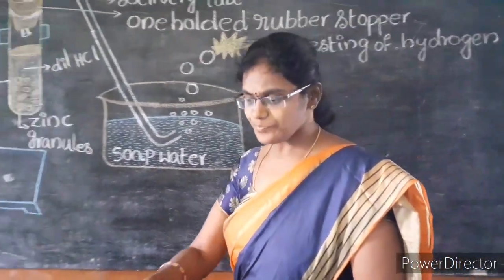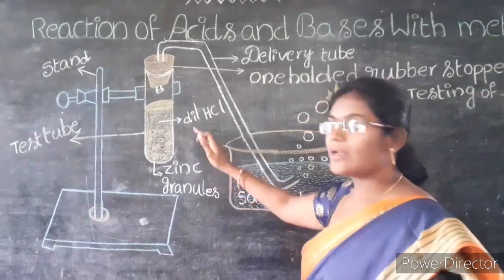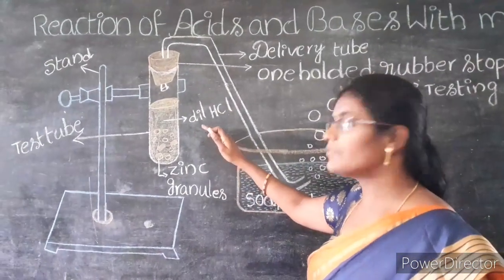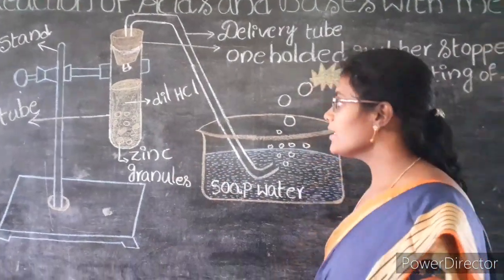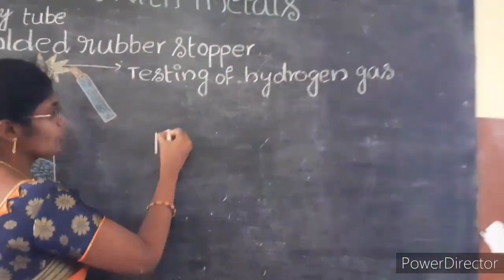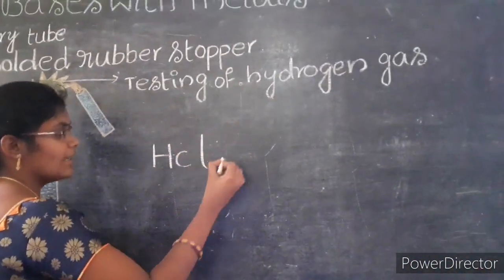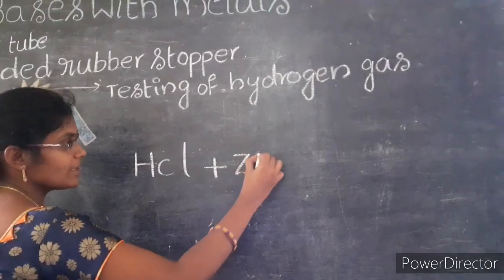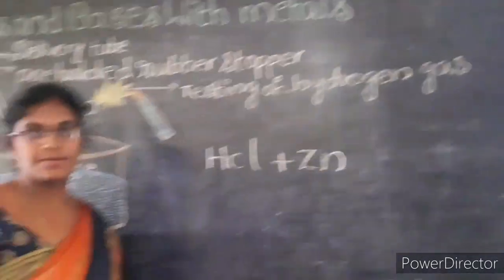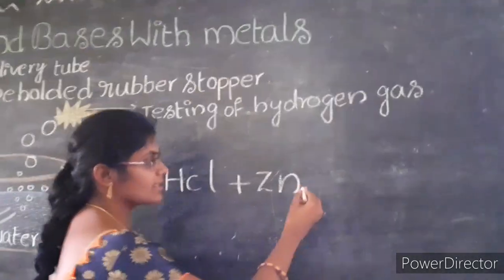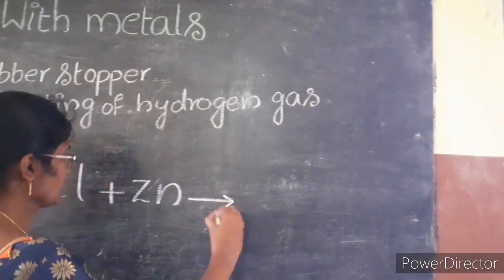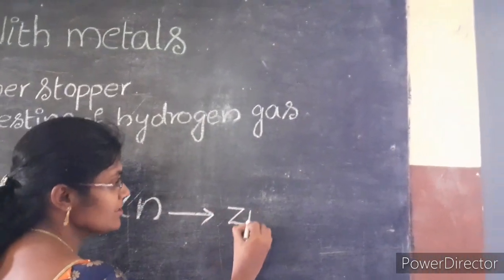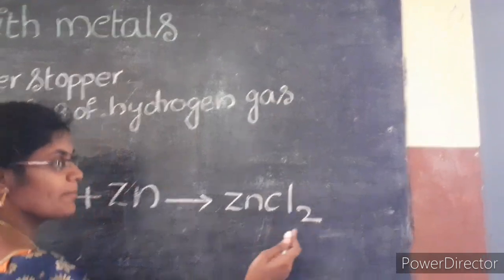Okay, so now I'll write the chemical equation for this reaction. Here hydrochloric acid is reacting with metals. Acid is reacting with metals and here it produces ZnCl2. This is the metal salt.